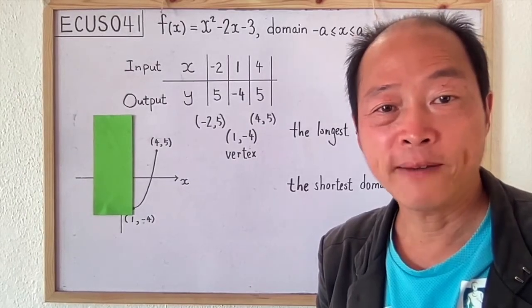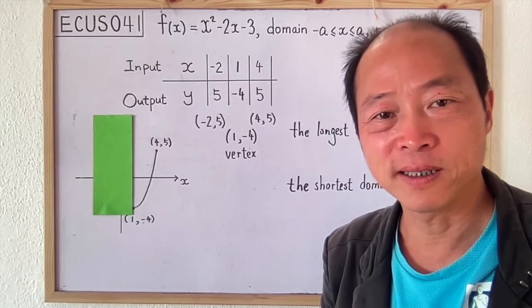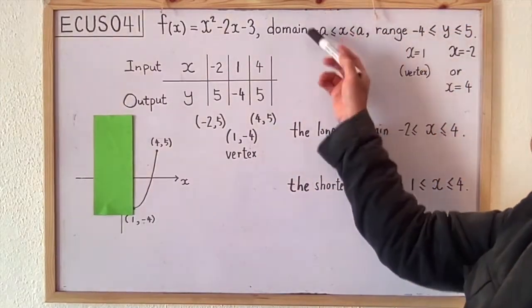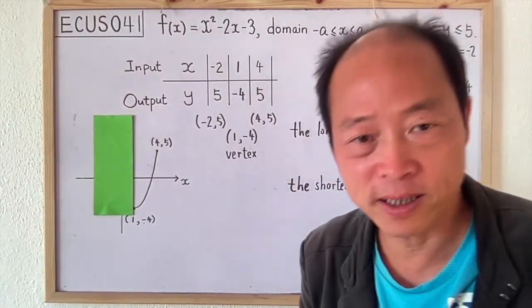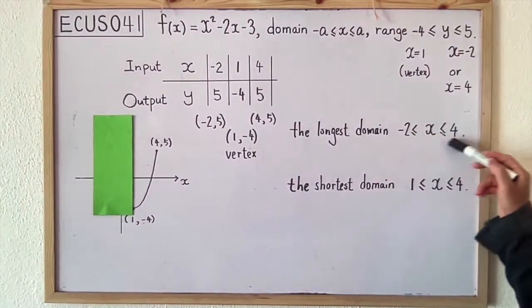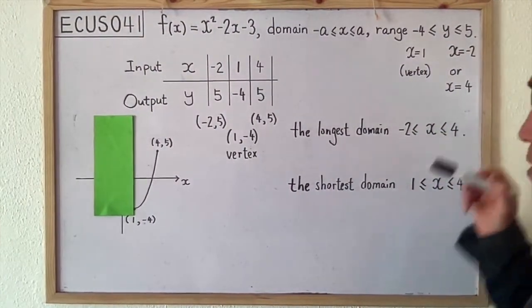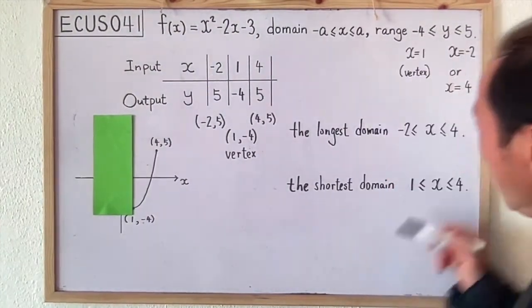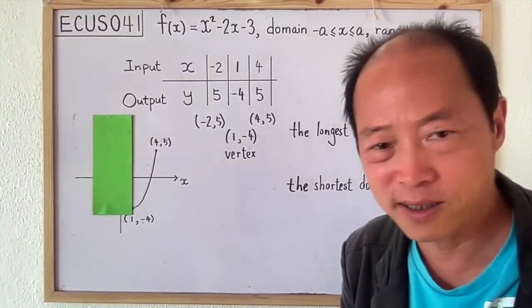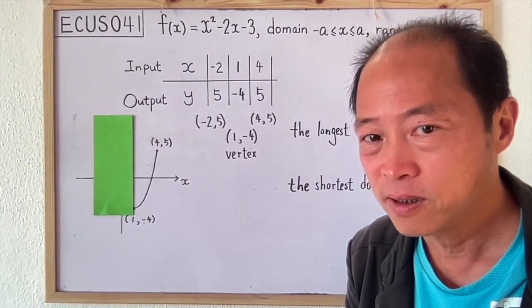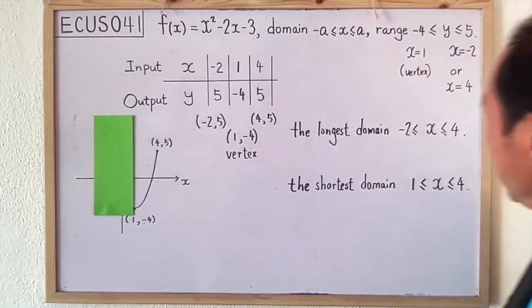Now, we have to construct a domain which is in this form. And the domain is shorter than or equal to this domain, but it is longer than or equal to this domain. Is it possible? Let's try this one.